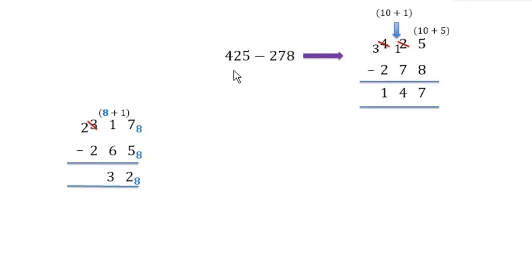So assuming we have to subtract 425 minus 278. This is in base 10, the usual subtraction that we've been doing all this while. Sometimes you think that whenever you are borrowing 1, you are adding 1 to the number on your right.